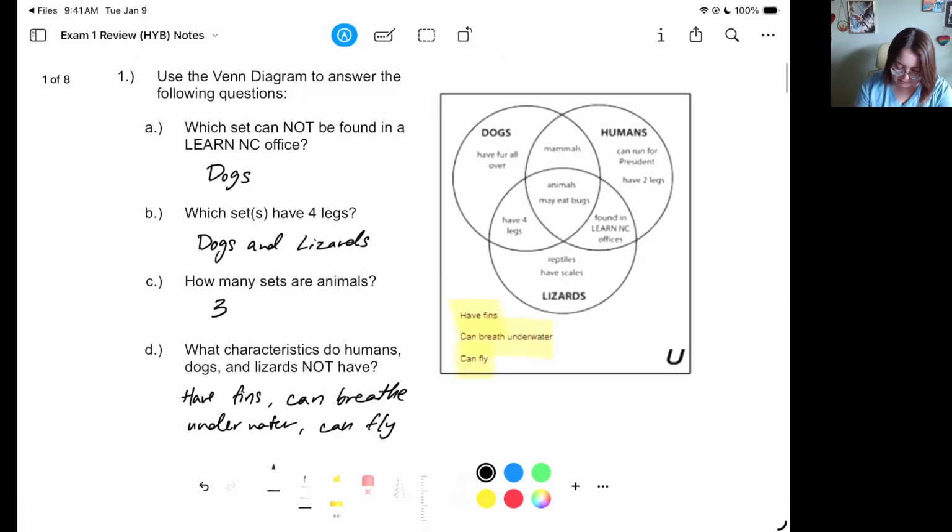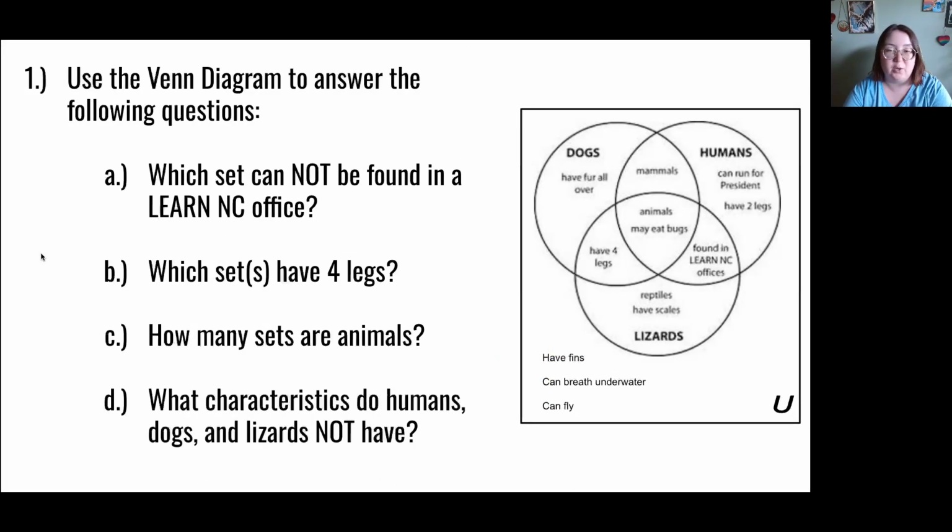Those are characteristics that all three of them do not have since they are not located within our three circles. All right. So that's number one. So let's go ahead and go back to our slides. So we can go ahead and go to number two.